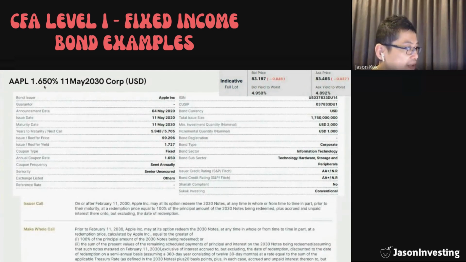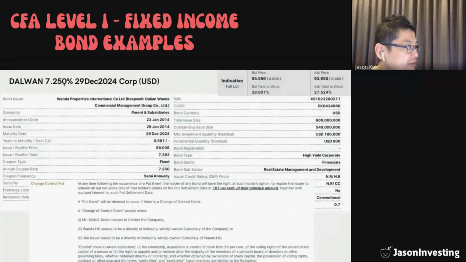The reason why this is so high is because this is a very risky bond. It's a high yield bond, and because the interest rate actually went up, the bond price actually went down. And the yield is so high, you can see it's like 28% for a bond.